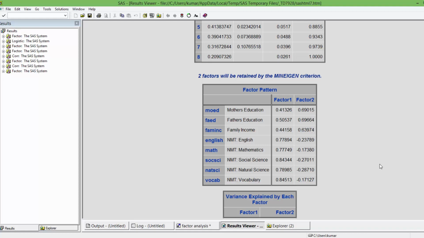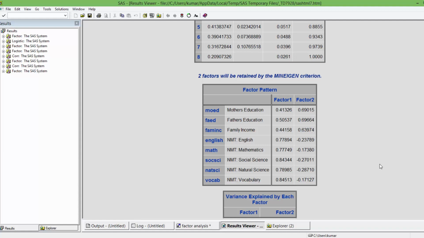We never asked SAS to group them into two factors. It's SAS, by certain criteria. Well, the criteria is Bayesian criteria. You can read the SAS manual to get to know more about this criteria. Using that criteria, SAS tells us that two factors will be retained.